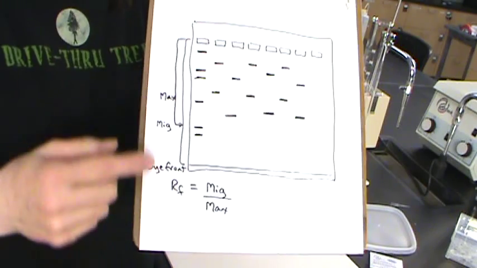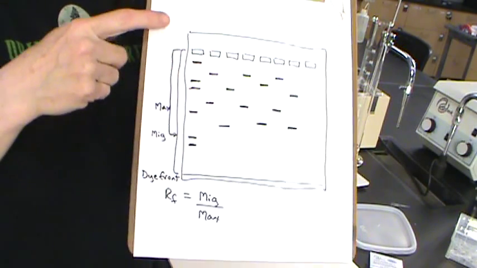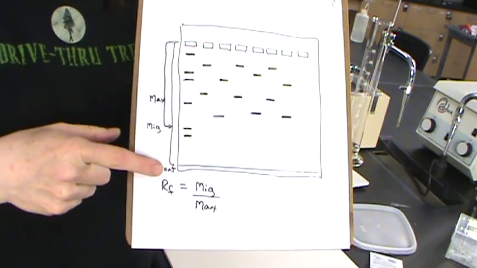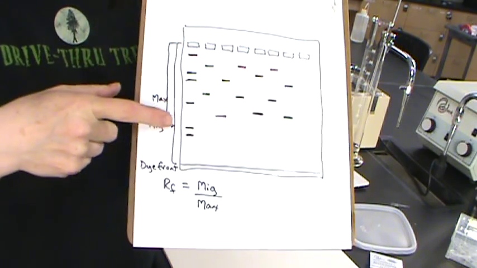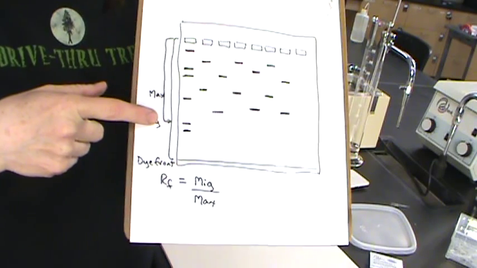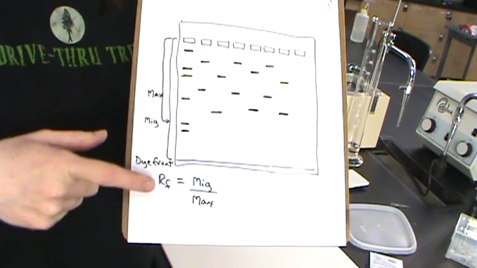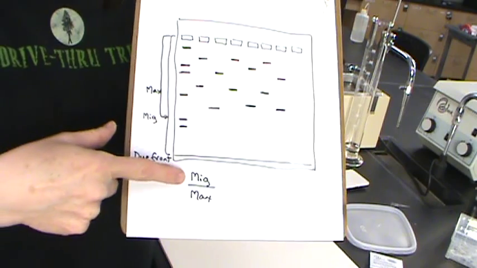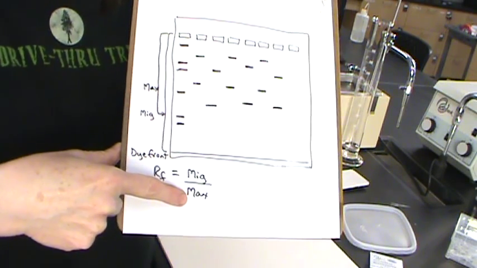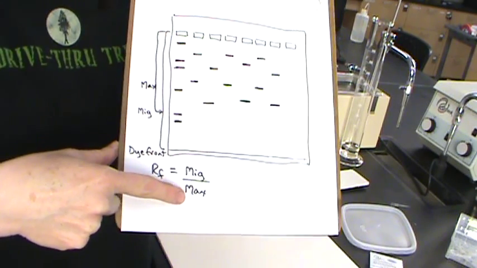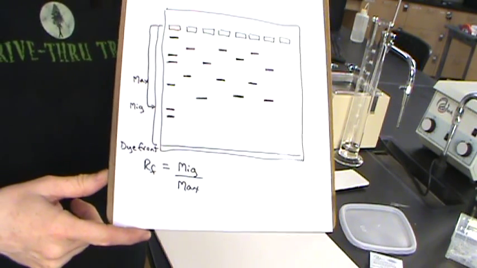Our maximum distance is to the dye front. We'll measure the distance from the well to the middle of our band of interest. That's our migrated distance. Our RF equals our migrated distance for a specific band divided by the maximal distance that could have migrated. And RFs will always be less than 1.